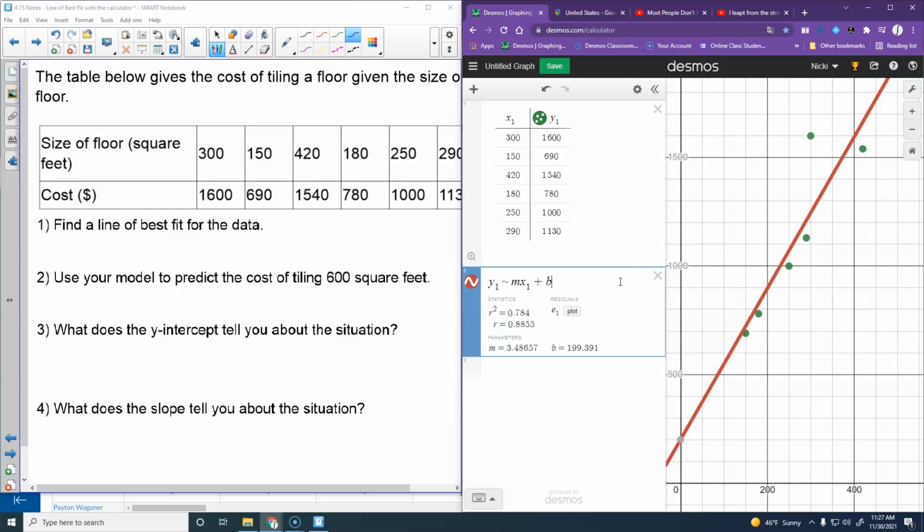So, Vince, tell me what that equation is going to look like. Well, it's your slope. It's not your X. It goes beside your X. Good. Very good. Any questions so far?